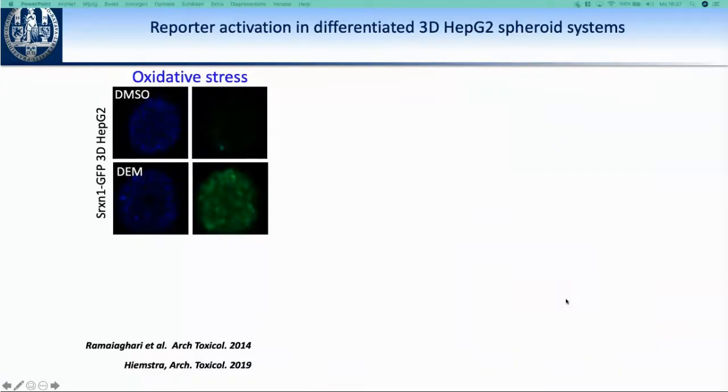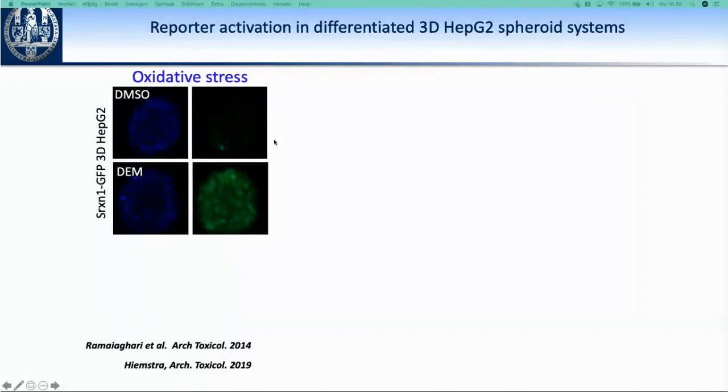We can also use this 3D setup in combination with this GFP reporter system to follow the different stress response pathways in this 3D setup. So we can look at, for instance, oxidative stress using the sulfiredoxin reporter. Upon chemical exposure, in this case, you can see a clear induction of this reporter.